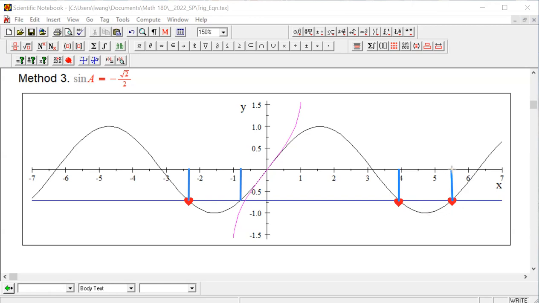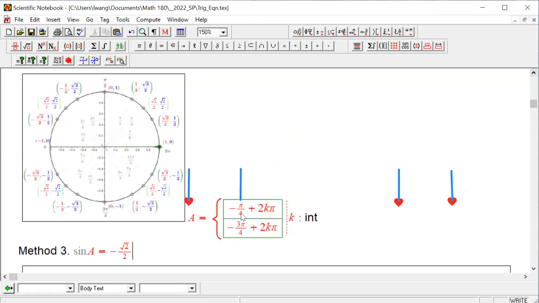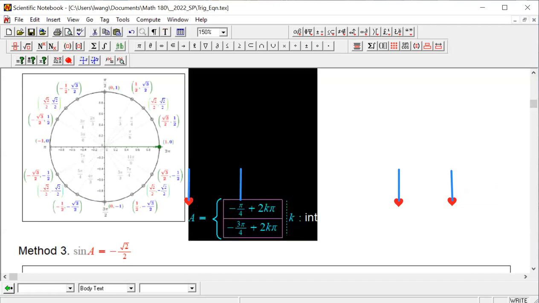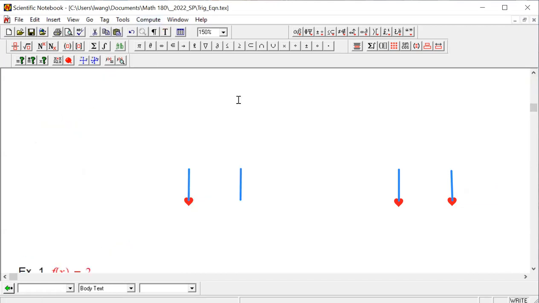And this is 7 pi over 4, sorry, my bad. So there's a bunch of negative and positive angles, all of these can be represented, so we still get the same solution, no problem.